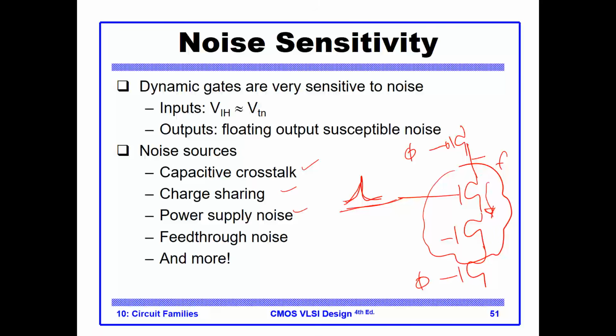These circuits tend to be really noise sensitive, and that, along with the fact that they burn lots of power, has diminished their popularity as a choice for circuit design.